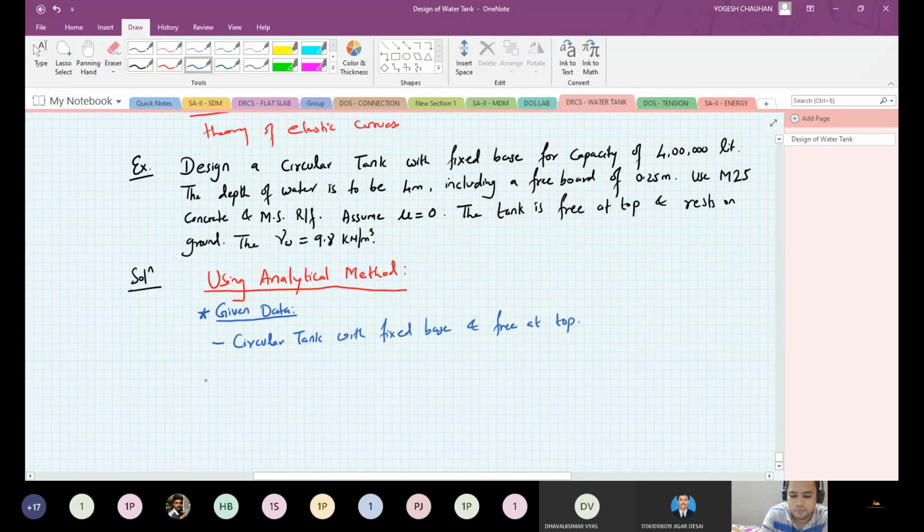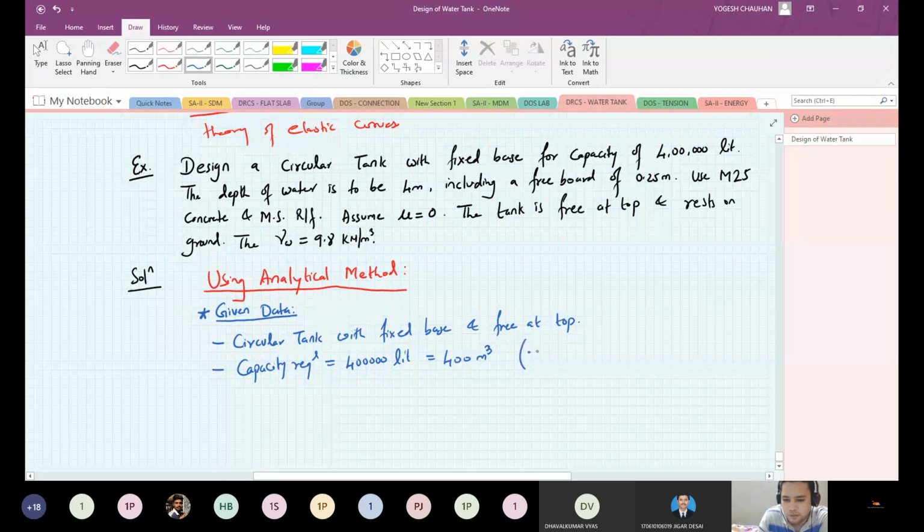Then the capacity required is equal to 4 lakh liters, which is equal to 400 meter cube of volume, because your 1 liter is equal to 10 to the power minus 3 meter cube.